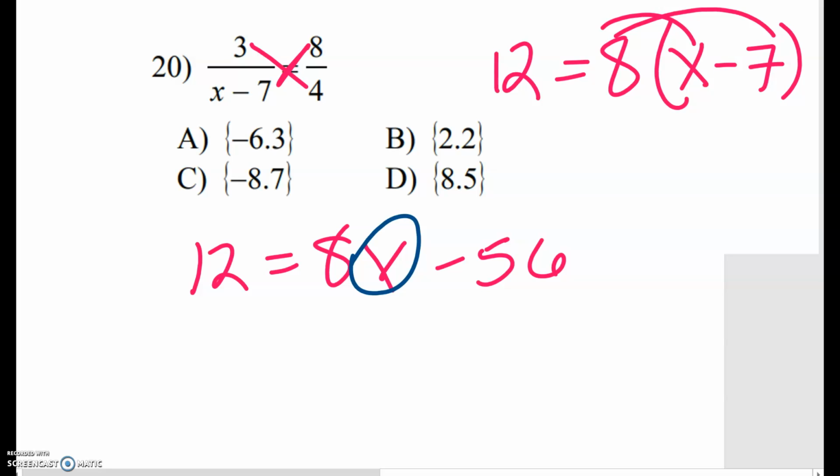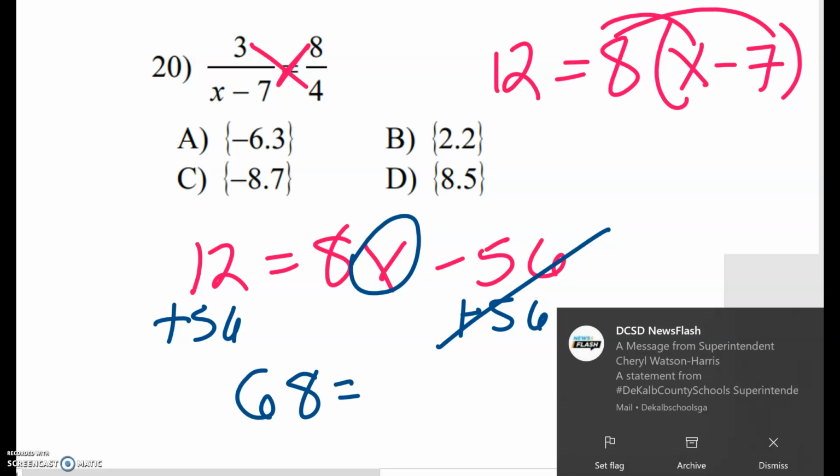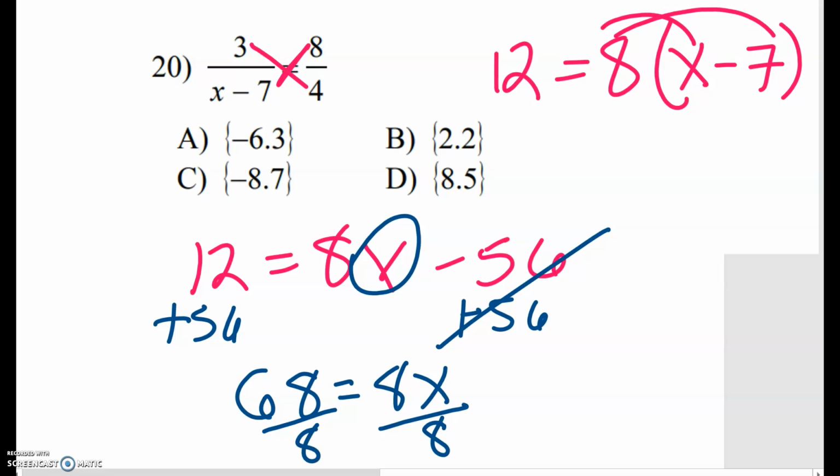So keep the 8 because it's right next to the variable. Get rid of the 56. That crosses out. We get 68 equals 8x. So now we divide by 8. Now, when we use our calculator, 68 divided by 8 is going to equal 8.5.